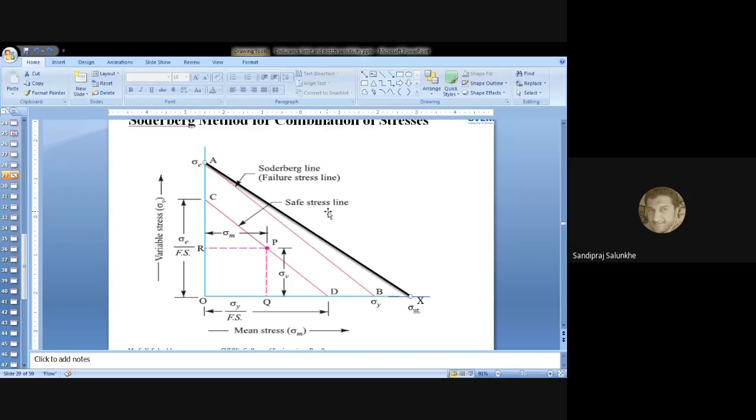We are not sure. So to have surety in our design, to increase our confidence level, this Soderberg line has given more safe and predictable results. Okay.